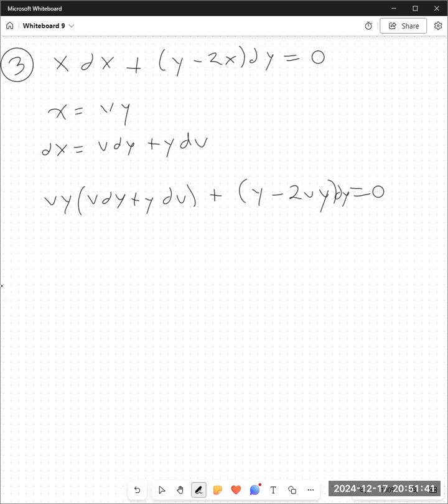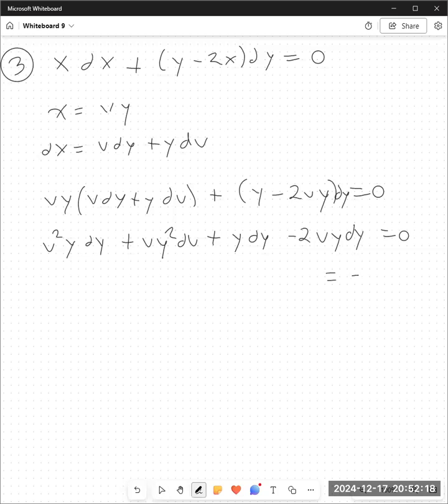And so we have v squared y dy plus vy squared dv plus y dy minus 2vy dy is equal to 0. And we're going to get our dy terms over here by themselves and the dv terms on the other side.